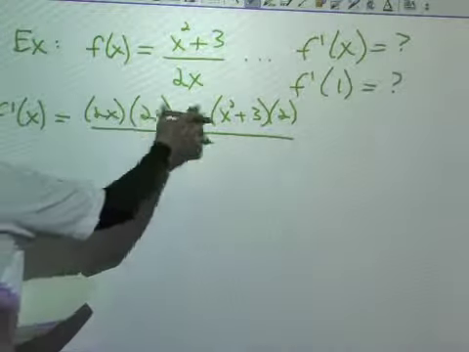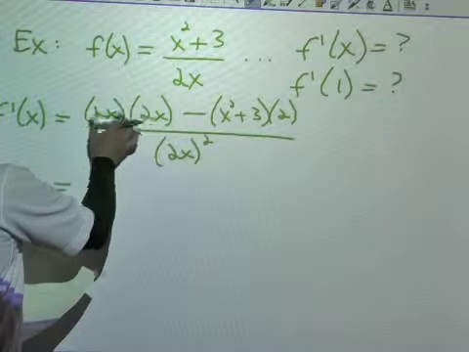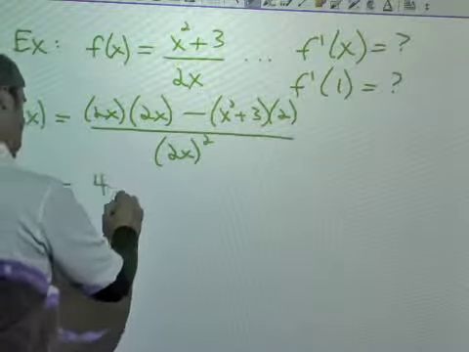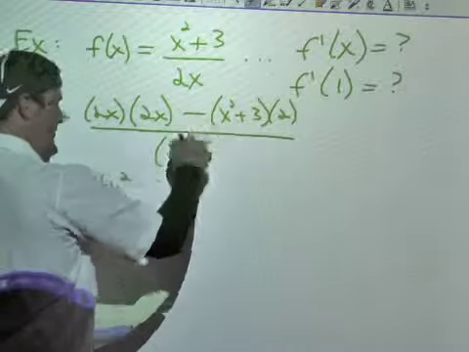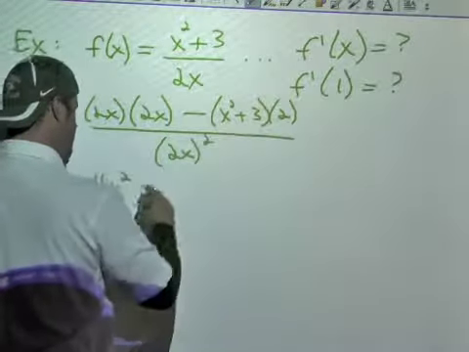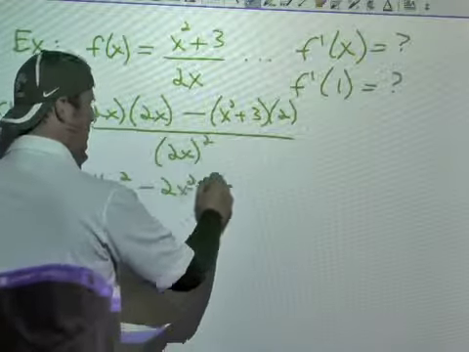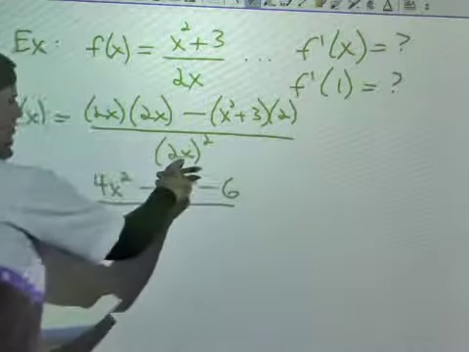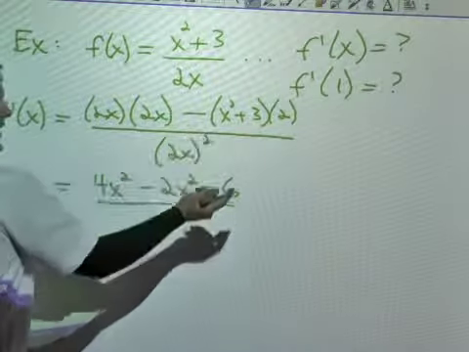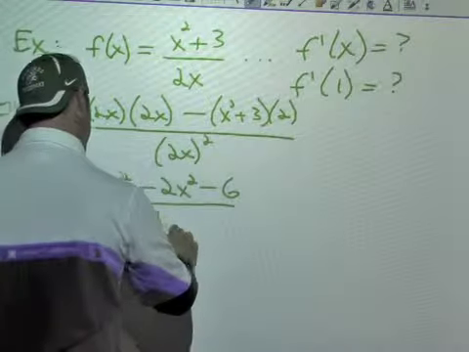Do these 2 multiplications next. So this multiplication gives us 4x squared. This one, I have to distribute the 2 and the negative. So that's going to make minus 2x squared minus 6. And square the 2x, that's 2x times 2x, that's 4x squared.